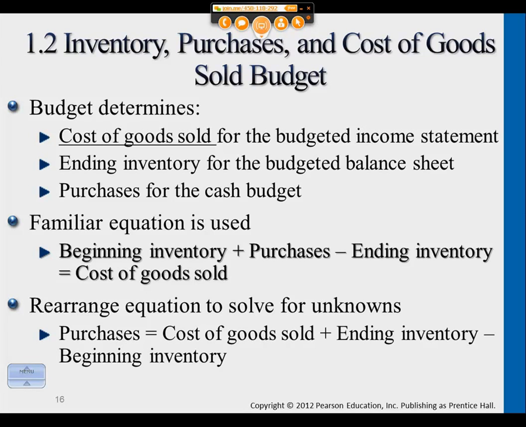Once you have all the components together, you're going to be able to determine the cost of goods sold for the budgeted income statement. Another benefit is that you're going to be able to put together your budgeted balance sheet with the ending inventory. And third, it gives you your purchases for the cash budget.